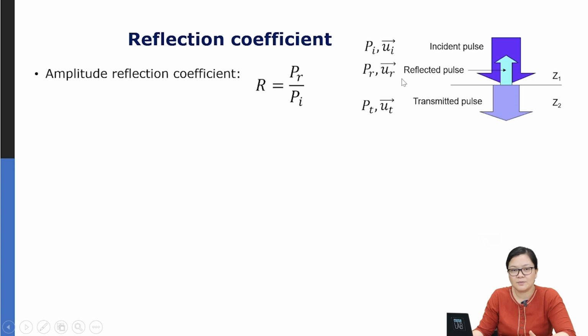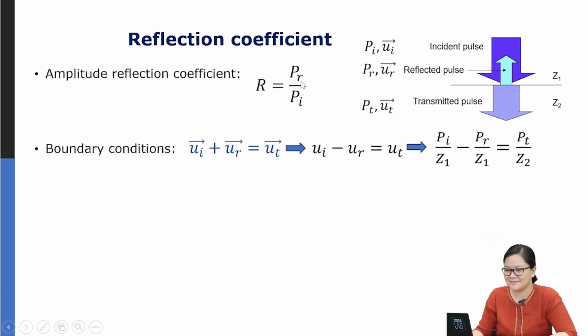The reflected pulse is characterized by the pressure PR and the particle velocity UR, and the transmitted pulse is characterized by the pressure PT and the particle velocity UT. Now, the particle velocities are vectors, so there's a directional dependence on them. And when we compute the reflection coefficient, we're actually computing the fraction of the incident pulse pressure that is reflected, the pressure of the reflected pulse.